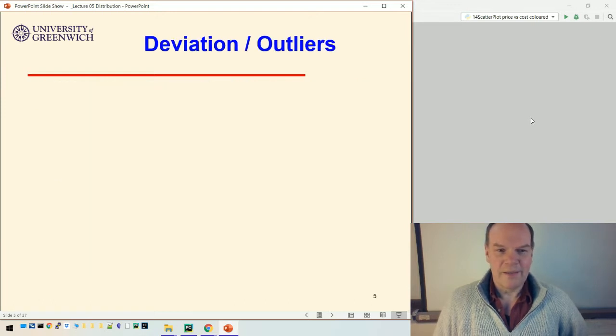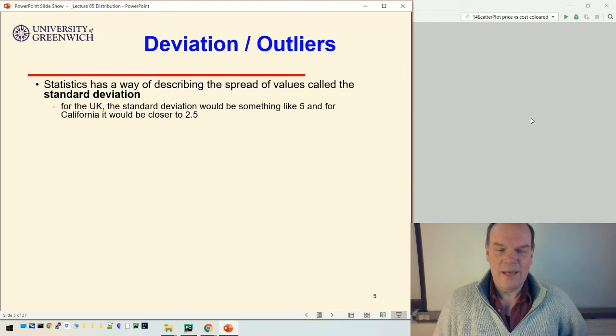So statistics has a way of describing the spread of values, which is called the standard deviation. For the UK, the standard deviation would be something like 5, and for California, it would be closer to 2.5. So it's describing how spread out from the average they are.